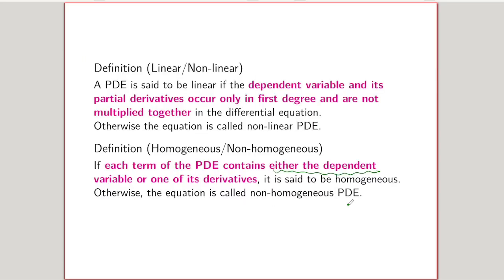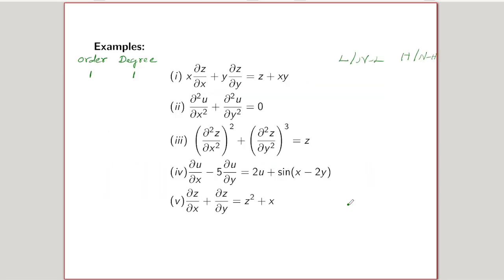Whether it is linear or non-linear, let us go back to the definition of linearity. So see here, a PDE is said to be linear if the dependent variable and its partial derivatives occur only in first degree. The degree should be 1 and also the variables should not be multiplied together. So you can see here the degree is 1 and no two dependent variables and their derivatives are multiplied here. So this equation will be linear.